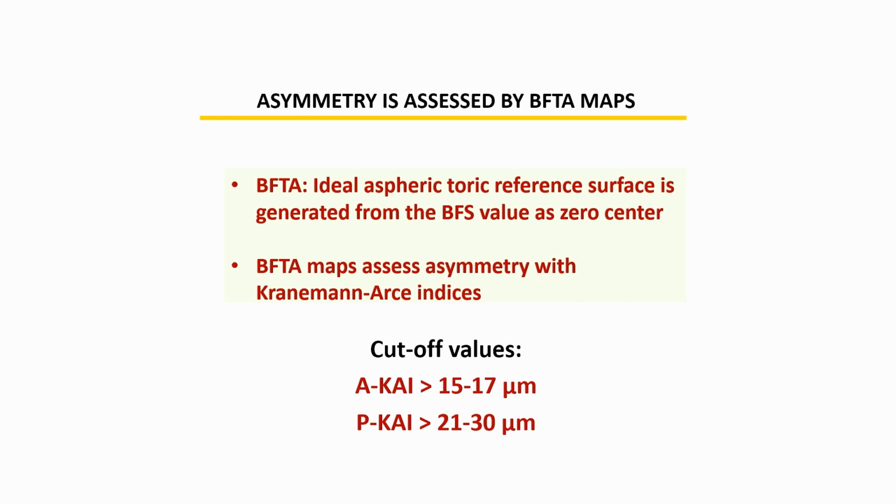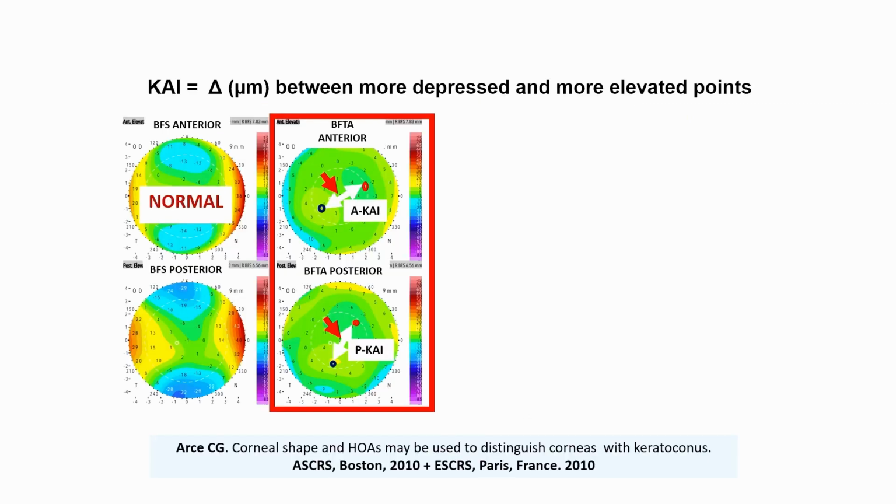This is an ideal aspheric toric reference surface which is generated from the best fit sphere value at the center as 0 value. And the value we measure was called Craneman RC index in 2009. Okay, I presented this index in ARVO in Boston, ESCRS in 2010 by posters.